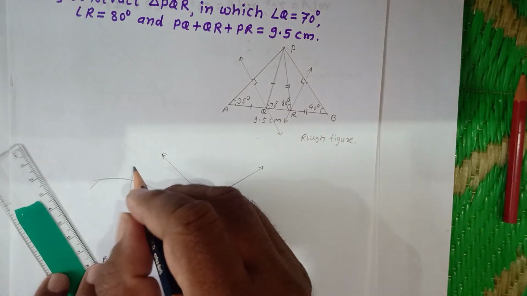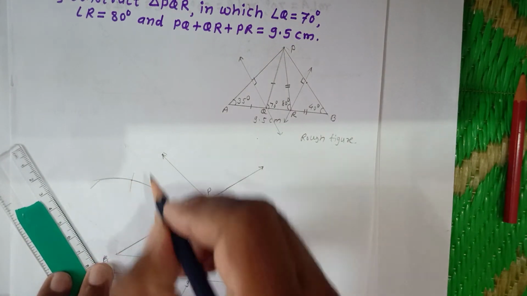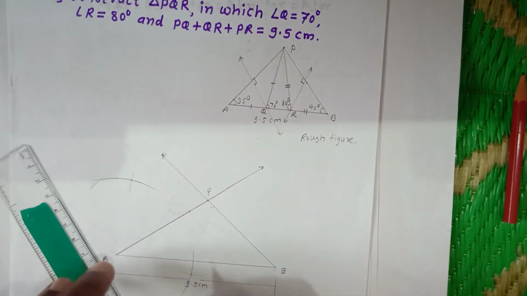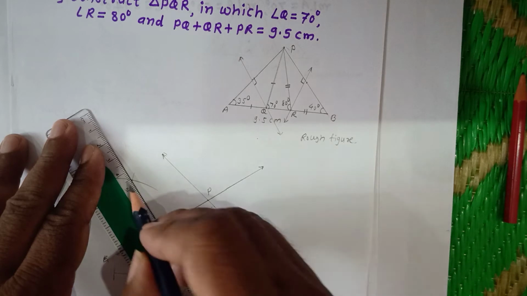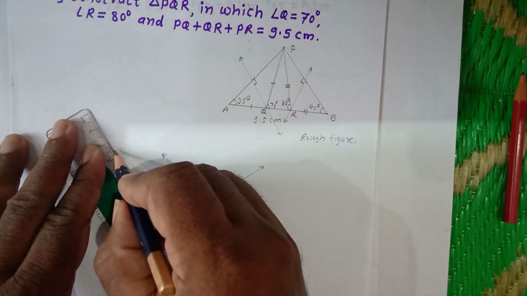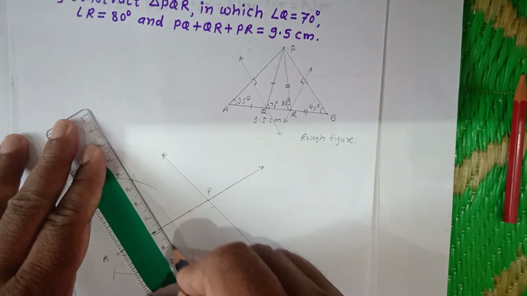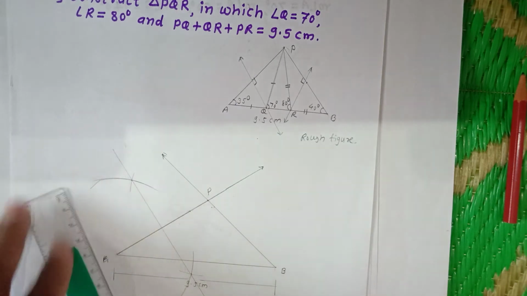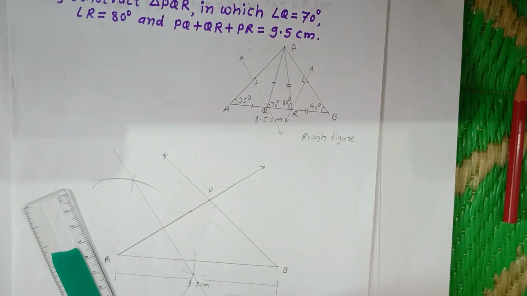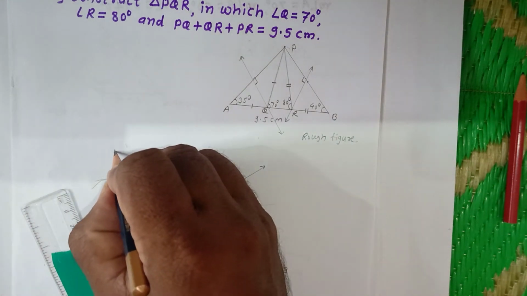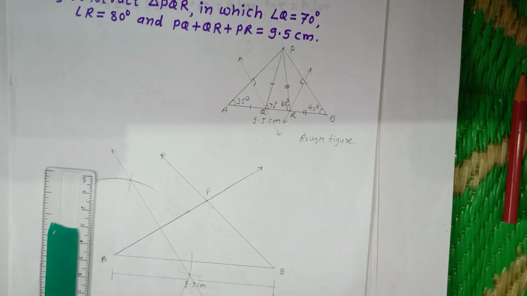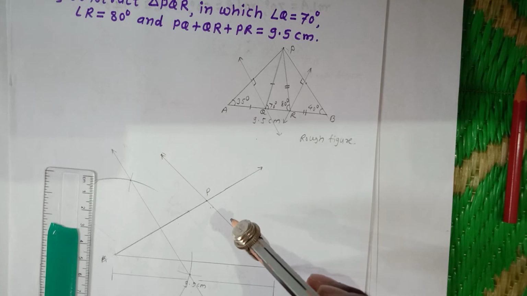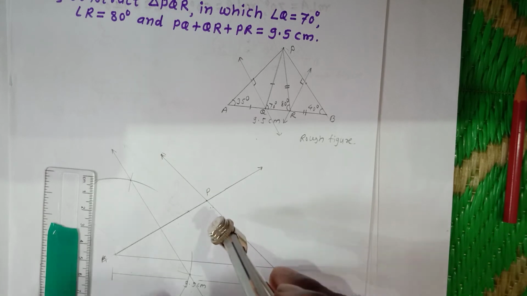Now join these 2 points, this is perpendicular bisector of AP.